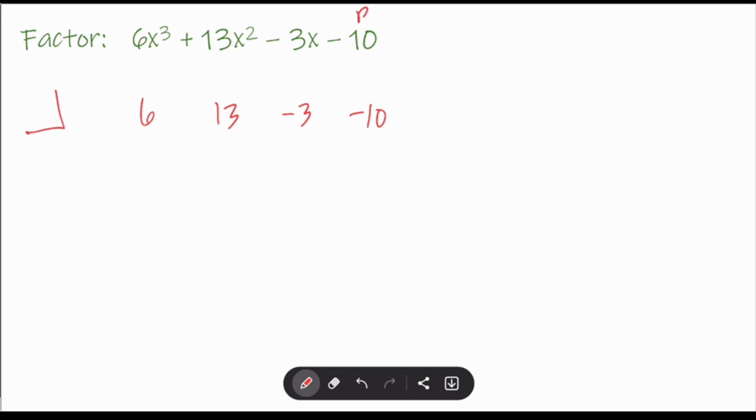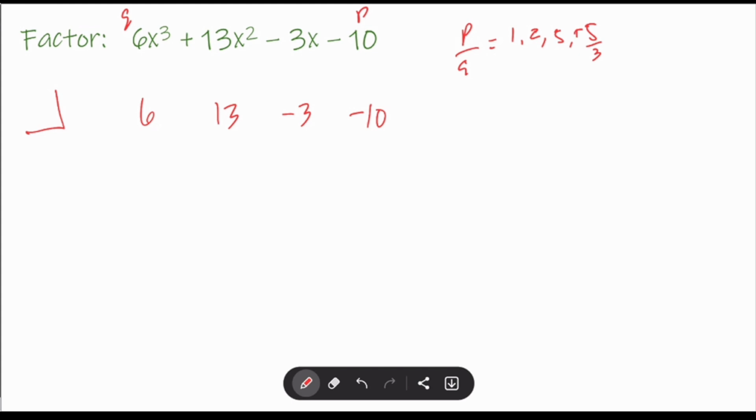So if this is P and Q, that means you can try a factor of 10, which is 1, 2, and 5, and then a factor of the ratio of the 10 and 6, so 10 over 6 is 5/3.